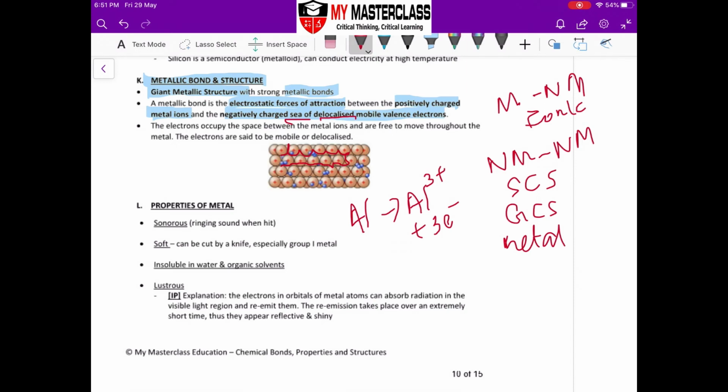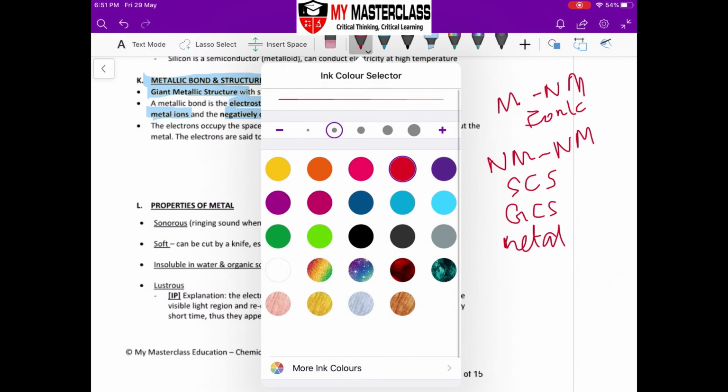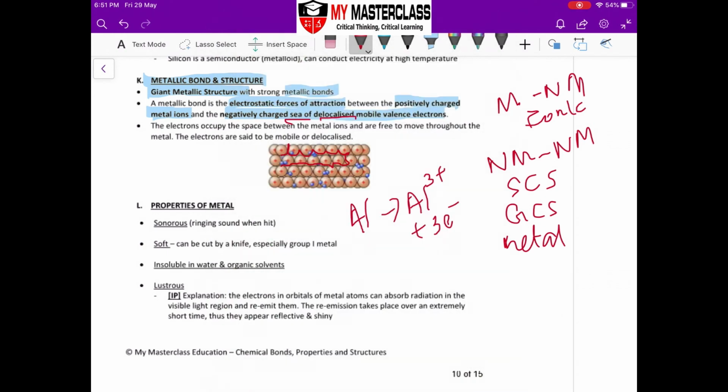So the attractive force, the ESFOA, that's holding all these individual atoms together is pretty strong. This ESFOA is the attractive force between the sea of negatively charged delocalized electrons and the positive metal cations. The electrons occupy the space between the metal cations and are free to move throughout.